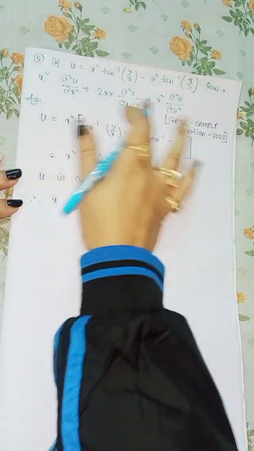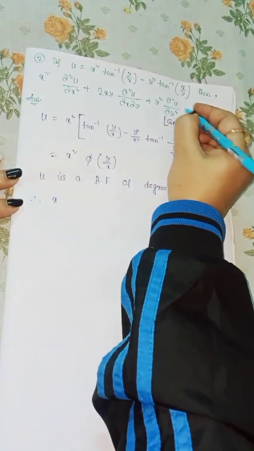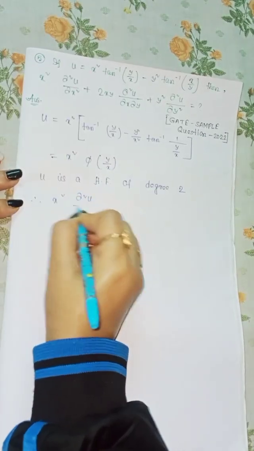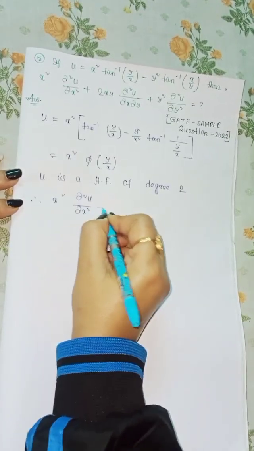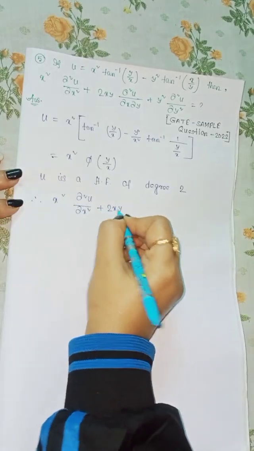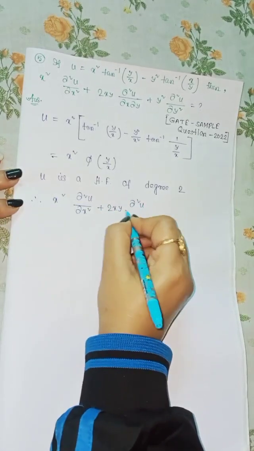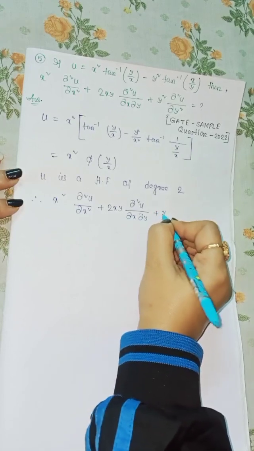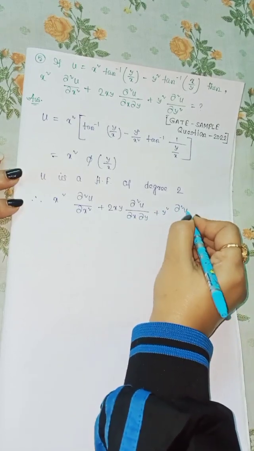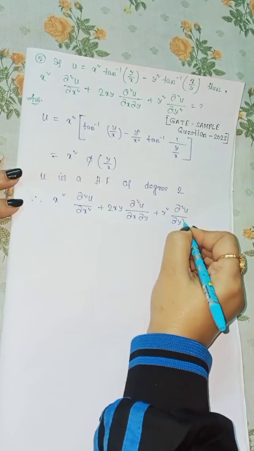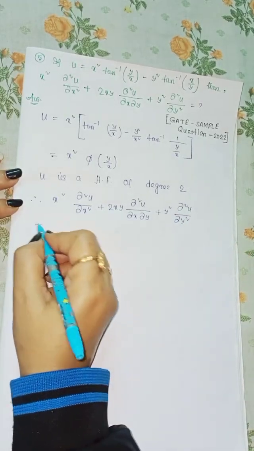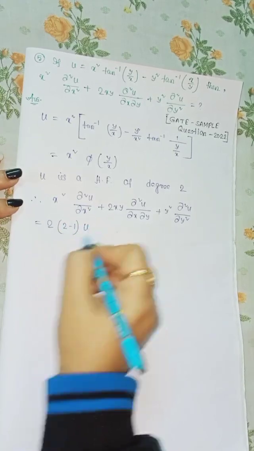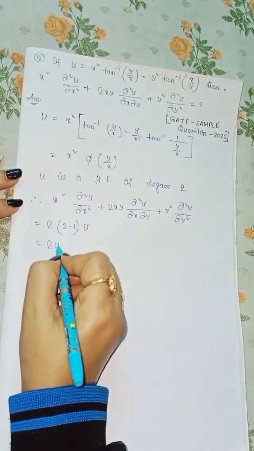So now therefore, this one we should calculate the value of x square del 2u del x2 plus twice xy del 2u del x del y plus y square del 2u del y2, that is equal to 2 into 2 minus 1 into u, that is equal to twice u.